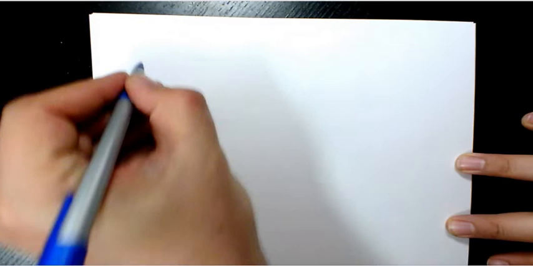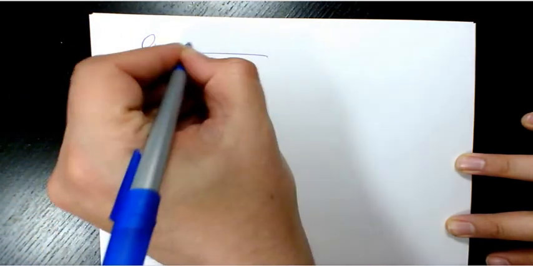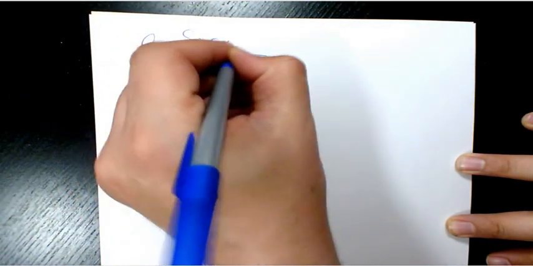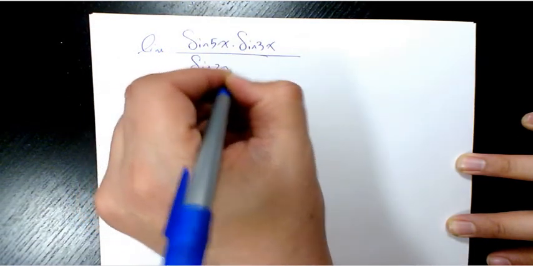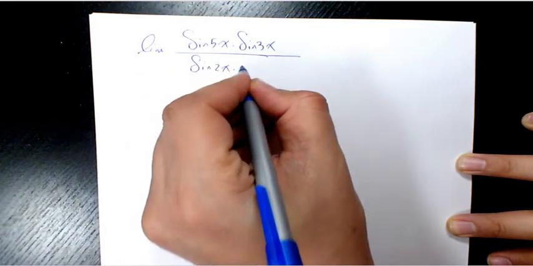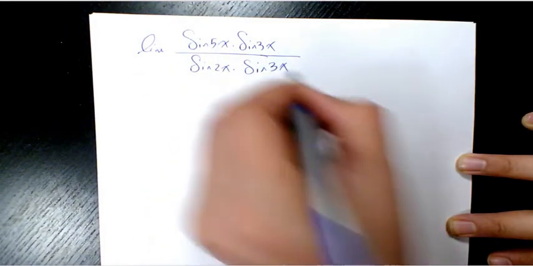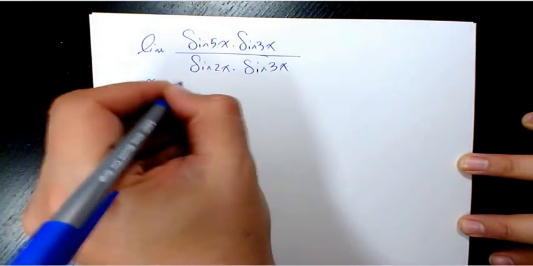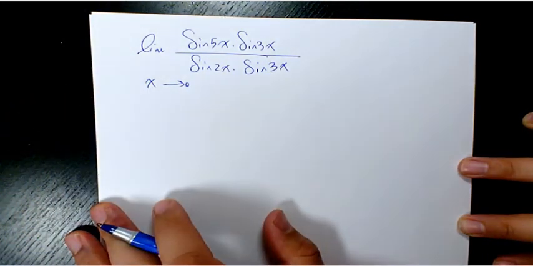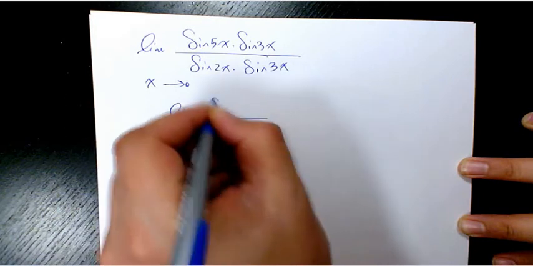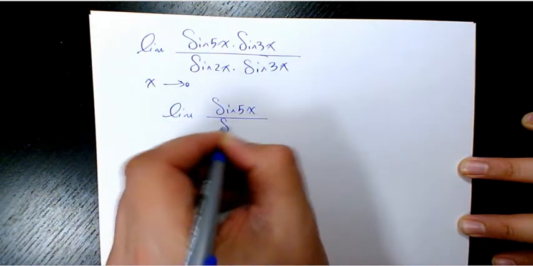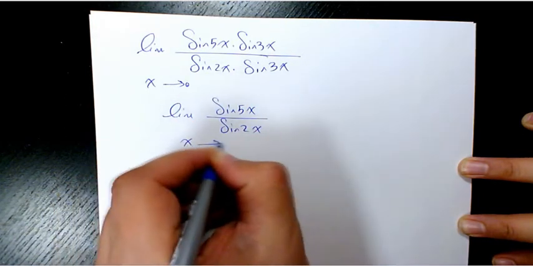Next example, we have the limit of sine 5x times sine 3x over sine 2x times sine 3x when x is approaching 0. So what we need to do here, first of all, sine 3x and sine 3x cancel out. It's going to be the limit of sine 5x over sine 2x when x is approaching 0.